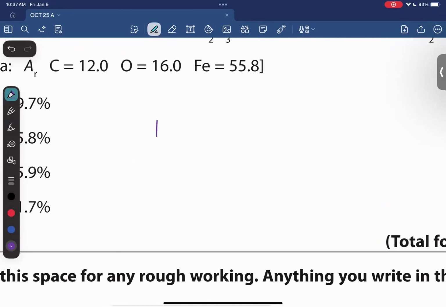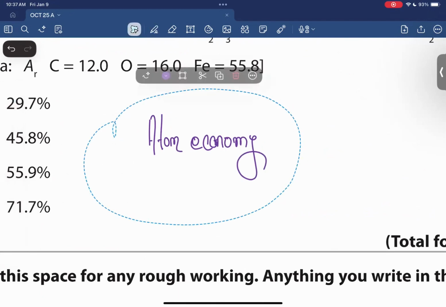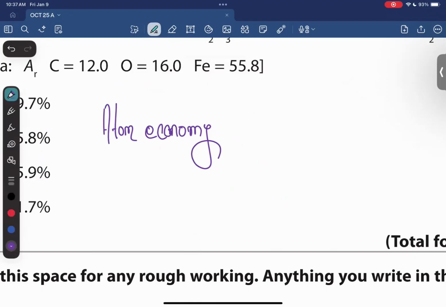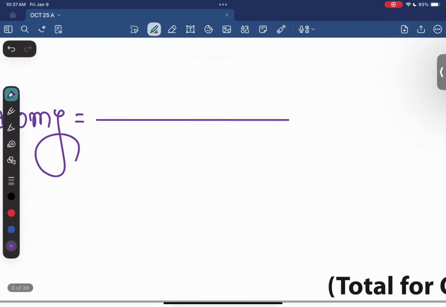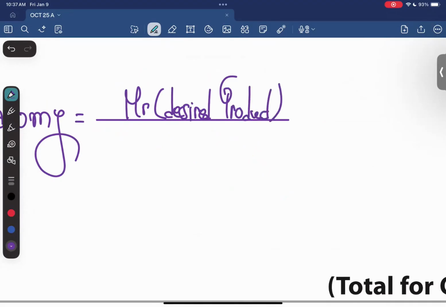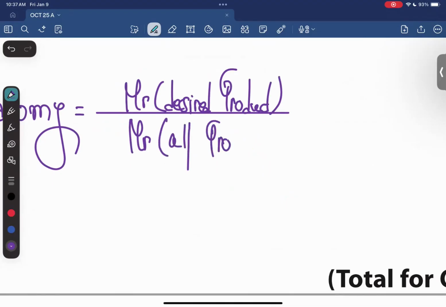Atom economy equals the MR of the desired product divided by the MR of all products, and you multiply this value.